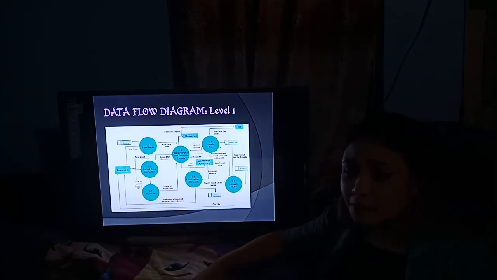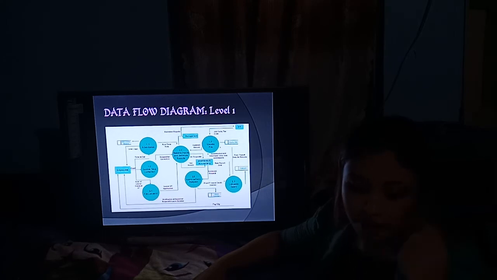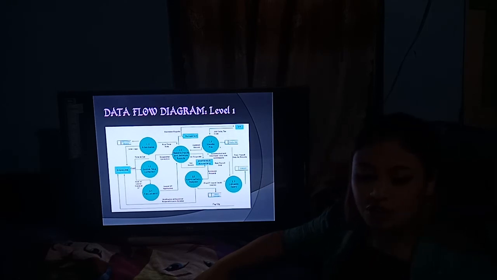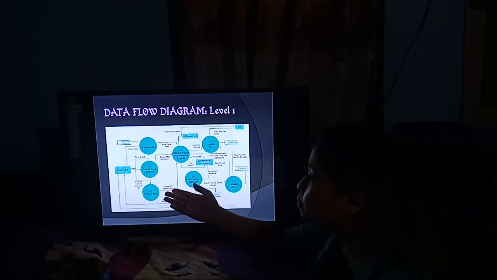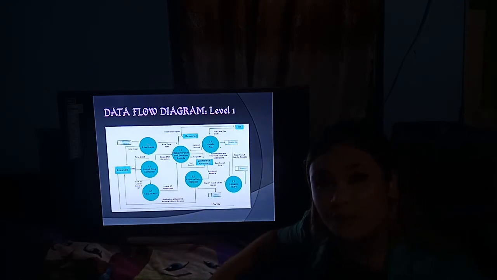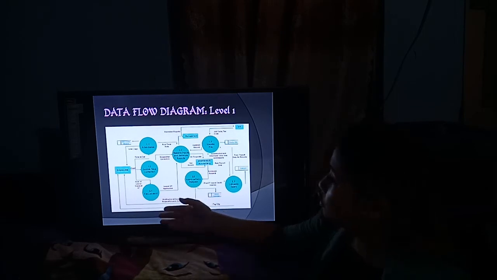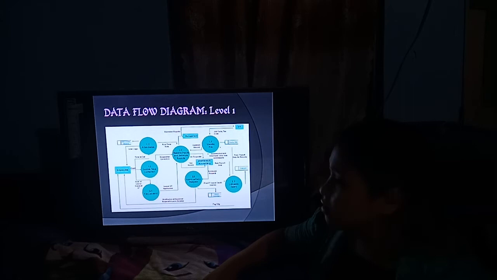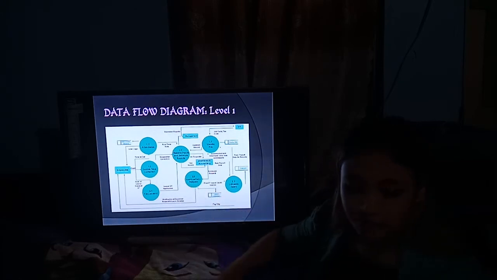And lastly, the payroll management. Since the timekeeping system is interconnected with the payroll function, payroll management's main role is to receive inputs and generate reports. Based on these generated reports, it will be used to calculate the salary. In calculating the salary, it's also important to update the file.